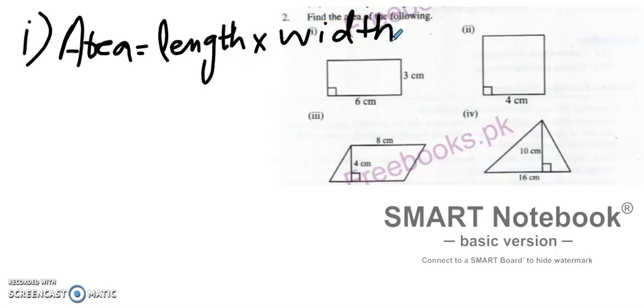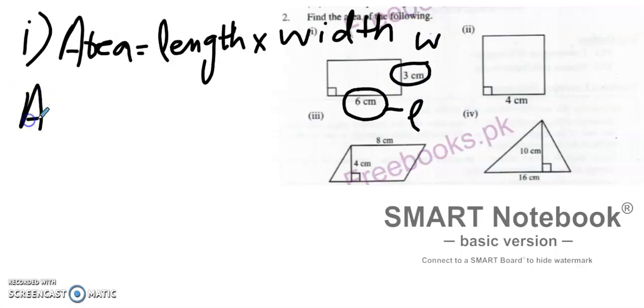Okay, length multiplied by width, as 6 centimeter is the length and 3 centimeter is the width. So area would be equal to 6 centimeter multiplied by 3 centimeter.